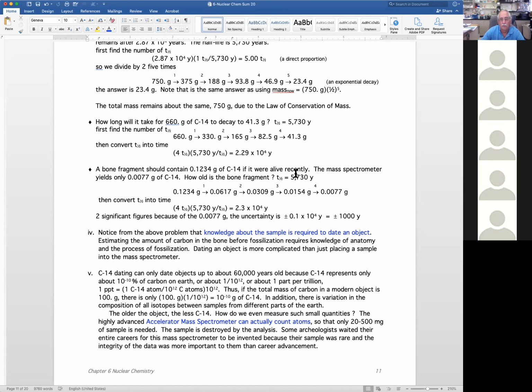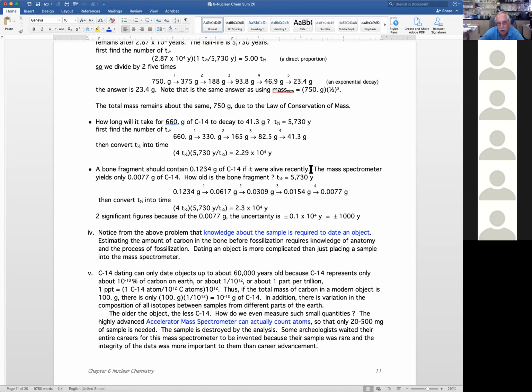And so these are huge amounts of numbers right here. Here's something that's maybe a little bit more realistic when it comes to radiocarbon dating. A bone fragment should contain 0.1234 grams of carbon-14 if it were alive recently.